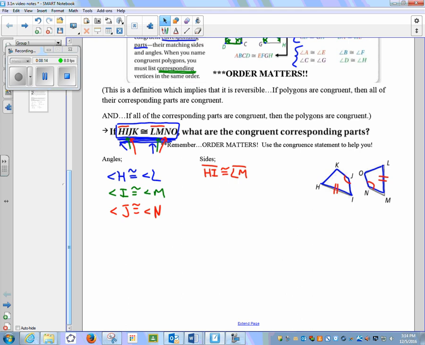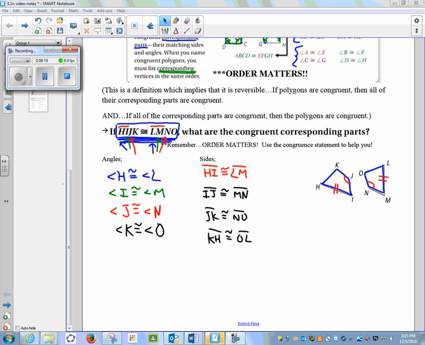All right, you finished listing the angles inside. Okay, so the last angle we hadn't done yet was K congruent to O. That was the last letter in each of those statements there. And then the sides might be a little bit trickier. You got to make sure you take two at a time, right? So IJ are the second two, MN are the second two, so they're congruent.